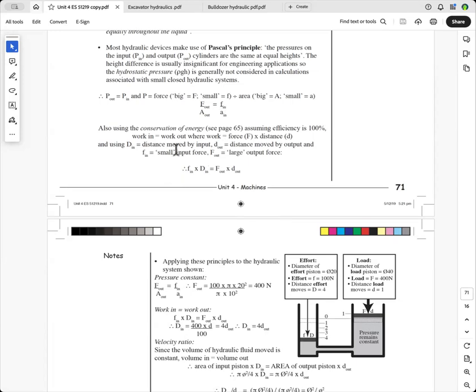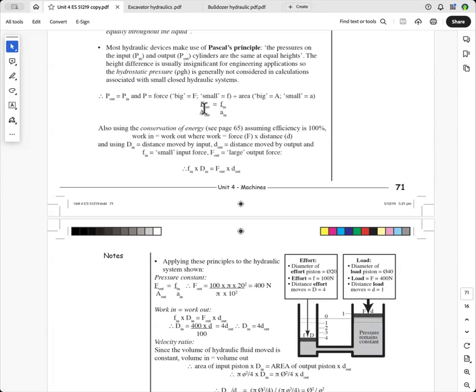Okay, and I've done the same with area. So the big area here will be the area of the output piston, and the small area will be of this input piston there.